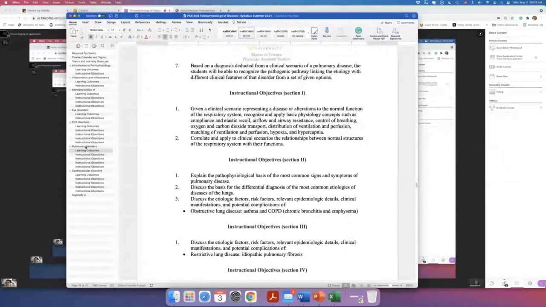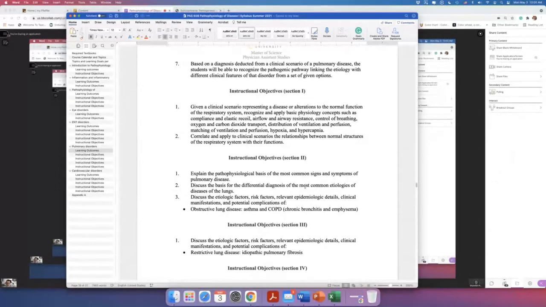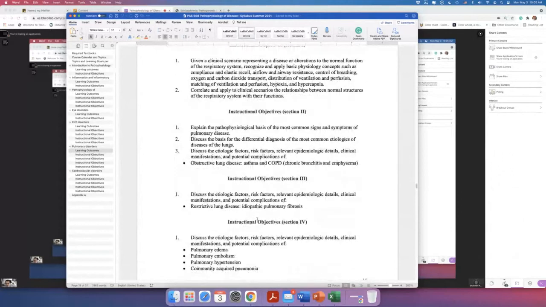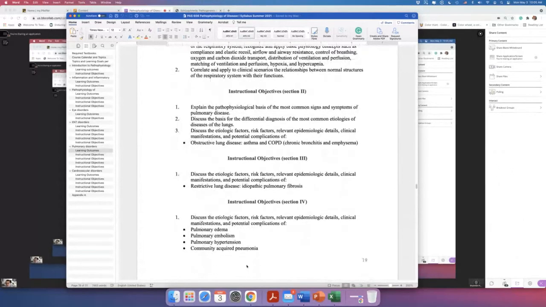For example, in the case of pulmonary disease, we are going to speak about COPD, asthma, and other diseases that produce a restrictive lung disease. We are going to talk about pulmonary edema, embolism, pulmonary hypertension, pneumonia, etc. These are the diseases.